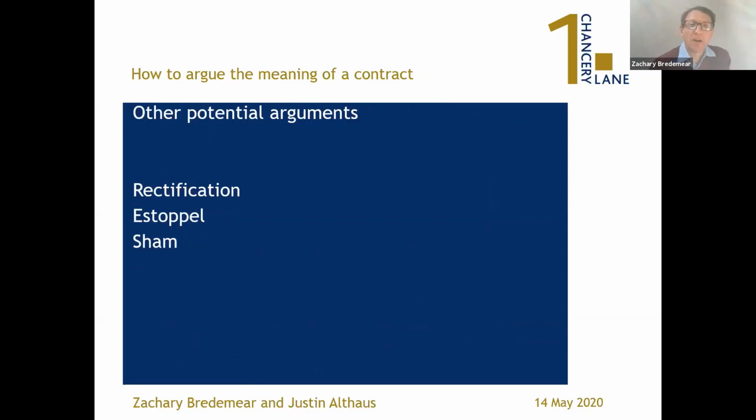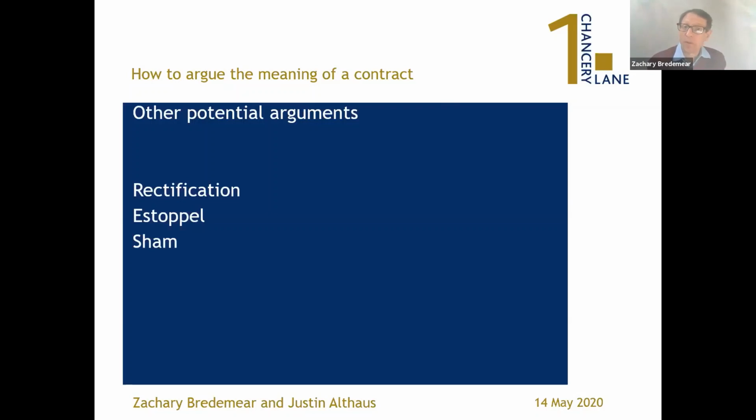So other ways of arguing about the meaning of the contract mustn't be forgotten. Don't forget you've got rectification, arguments about estoppel and sham as well, where you can rely on subsequent conduct. Rectification is an interesting one because it allows you to bring in evidence of the pre-contractual negotiations which would otherwise be inadmissible when arguing about the meaning of the contract.